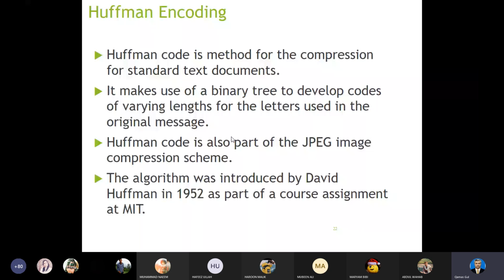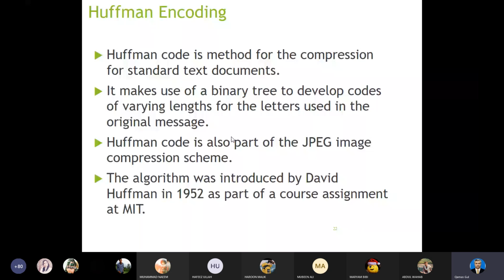Text documents, you know what text documents are. It makes use of a binary tree to develop codes of varying lengths for the letters used in the original message. Huffman code is also part of the JPEG image compression scheme.